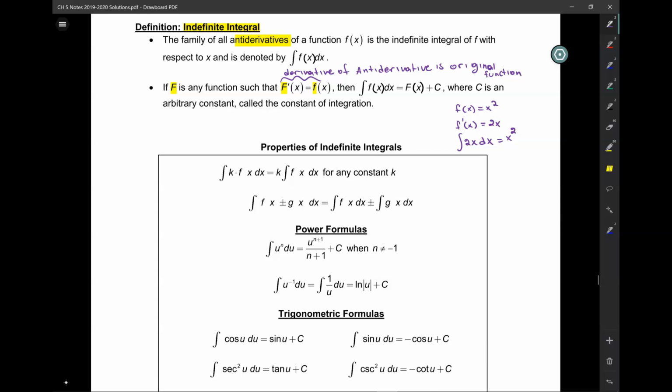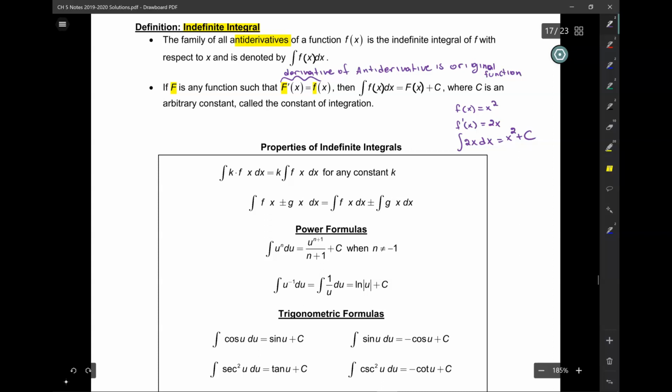plus c. Why plus c? I'll tell you why plus c. Because imagine if I had a function.